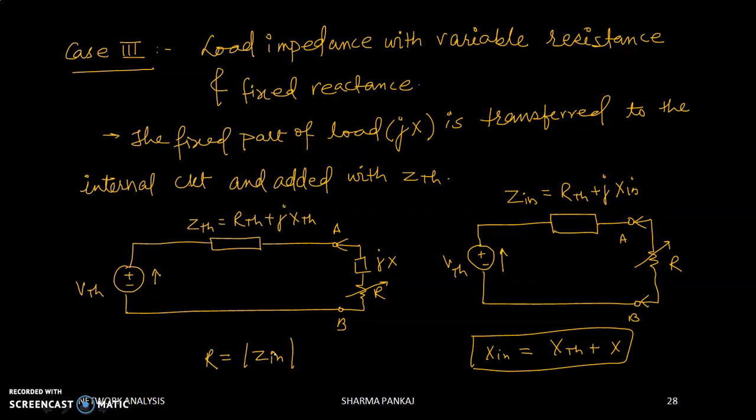It means what? Case number 3 is partly similar to case number 1, where the value of R should be equal to the magnitude of internal impedance to receive the maximum power. That's why R should be equal to Z internal.